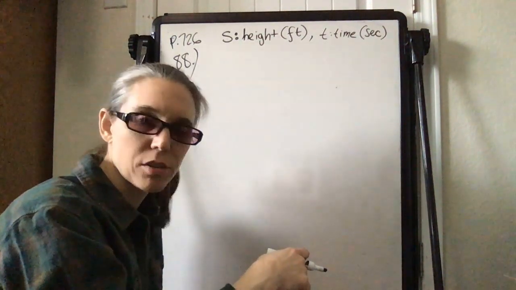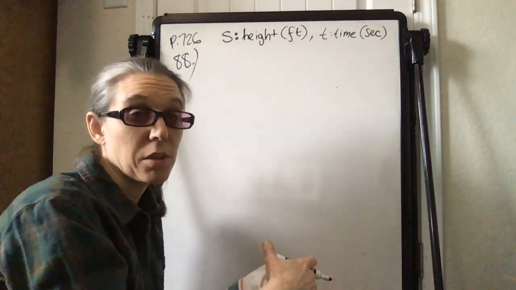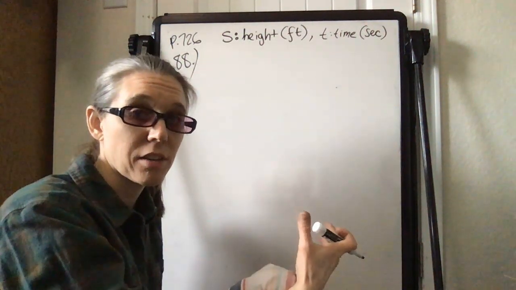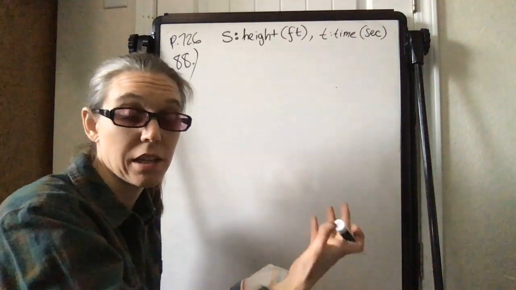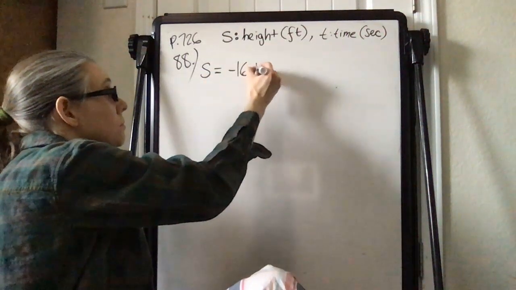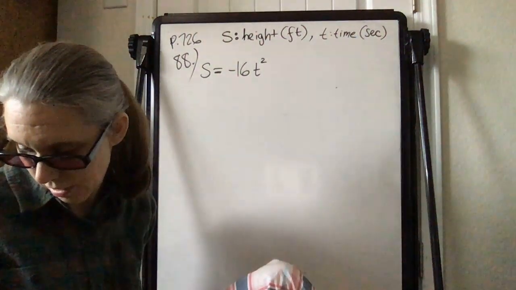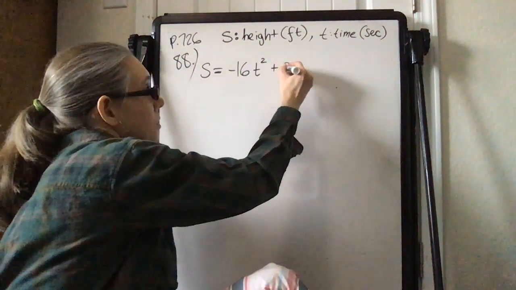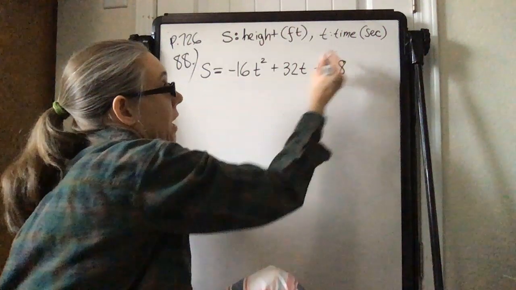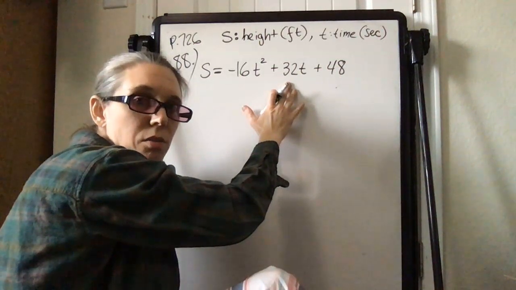Gravity is either in meters per second squared, which is 9.8 meters per second squared, or in the case of feet per second squared, the acceleration due to gravity is 32, and it's always half of the acceleration due to gravity for the leading coefficient, a negative 16 t squared, as long as you're on planet Earth. Negative 16 t squared plus 32t plus 48.